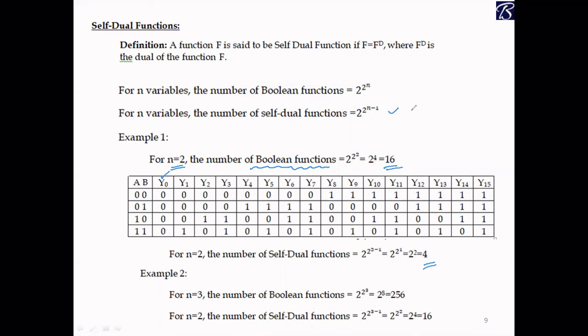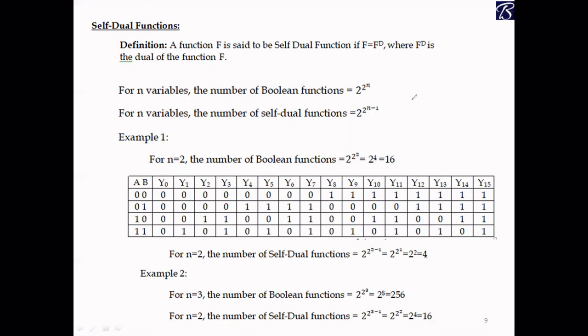Let us take y0 equal to 0. We know the expression is 0. Now what is the dual of the function? The dual of y0, that is 0, becomes 1, right? So both are not equal. f is not equal to fd. So y0 is not a self-dual function.